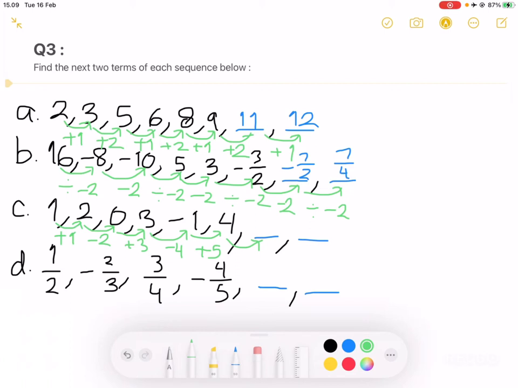So after the positive you must get a negative, and then the initial numbers will just be increasing. So meaning this will be -6, this will be -2, this will be +7 or 5.